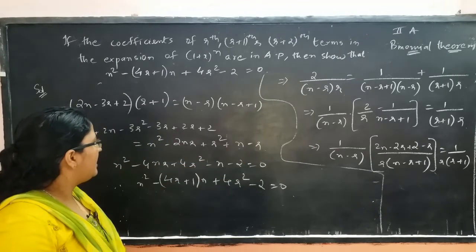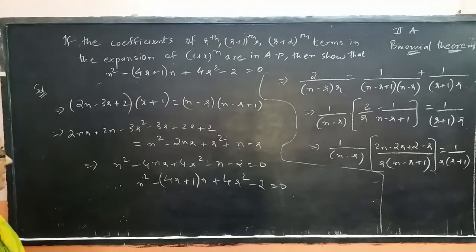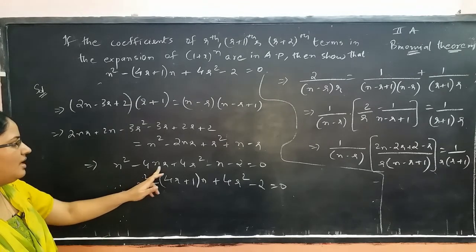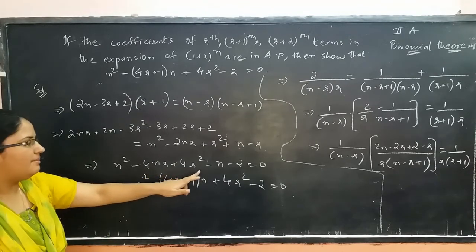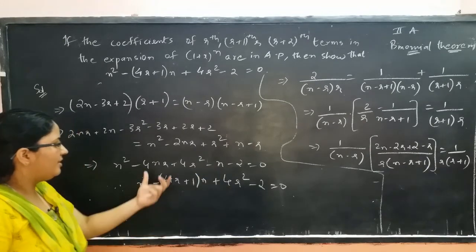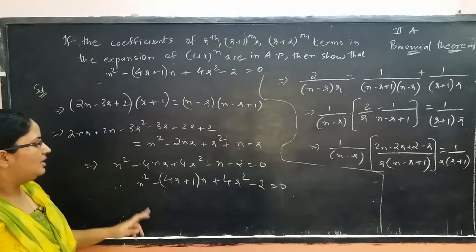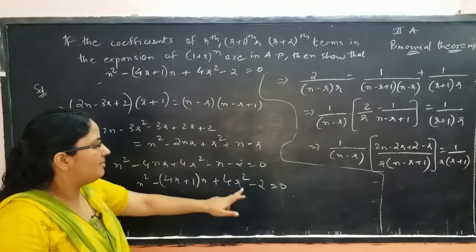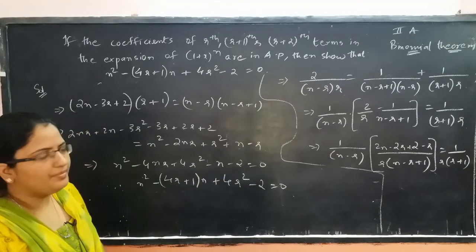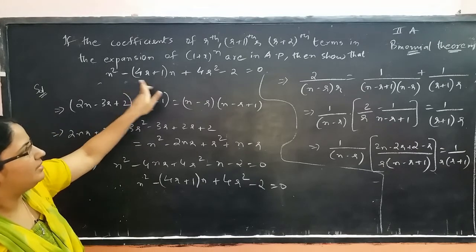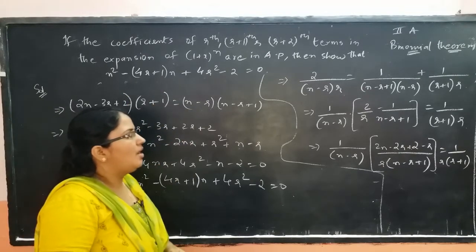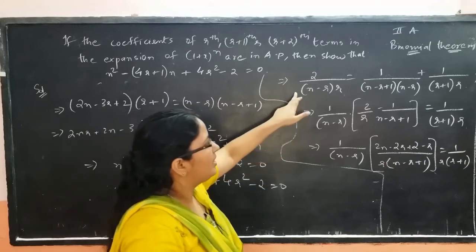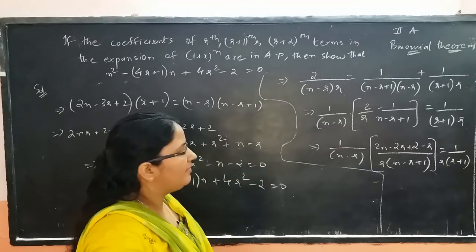So, minus r gets cancelled. Finally, you have n² − 4nr + 4r² − n − 2 is equal to 0. From these two terms take n common. You have n² − (4r+1)n + 4r² − 2 is equal to 0. That is what you have to prove here. Out of all steps, this step is important. If you understand this step, everything will be simple.